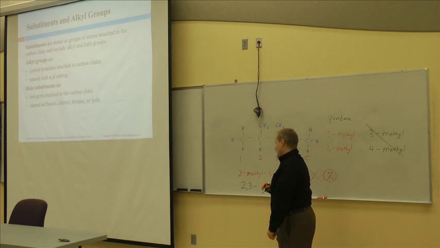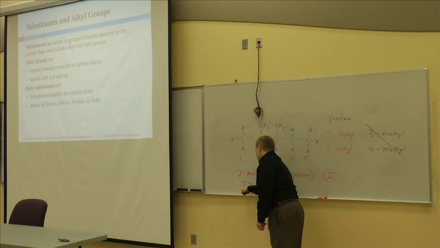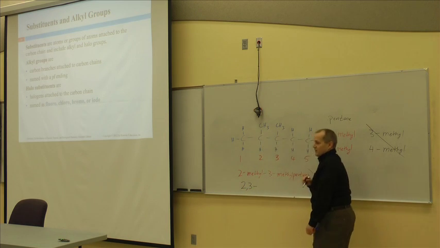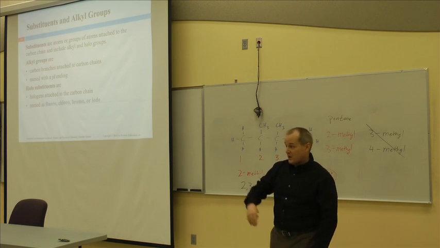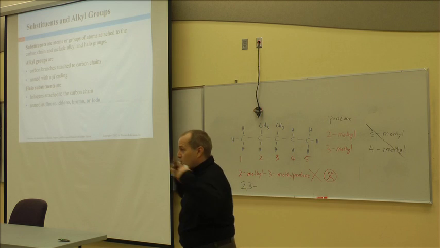Numbers are separated by commas. 2,3 dash. This is telling the reader that at carbon 2 and carbon 3, something really cool is going to happen. You haven't said what yet, but something's going to happen. Be ready for it.